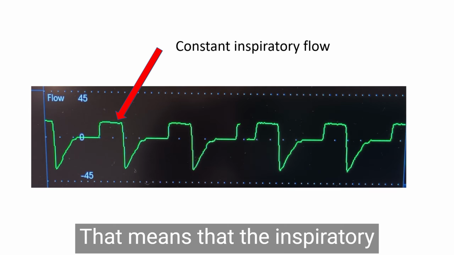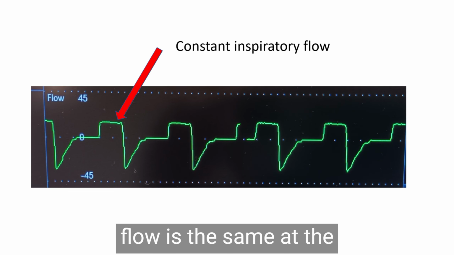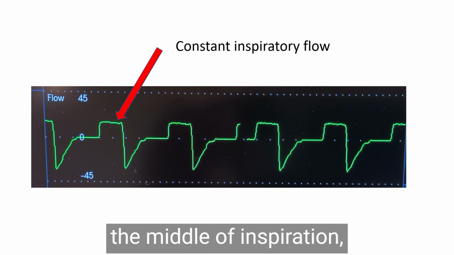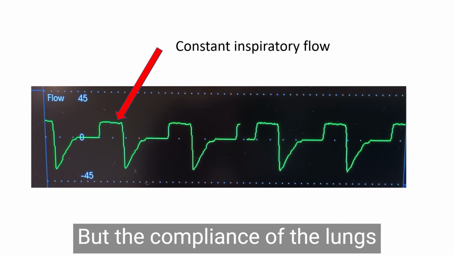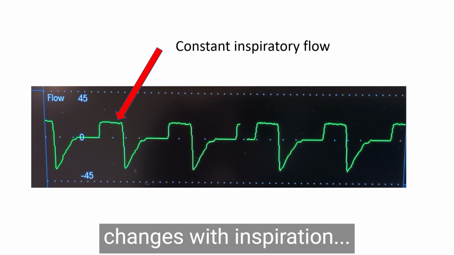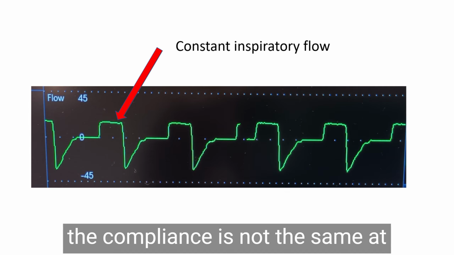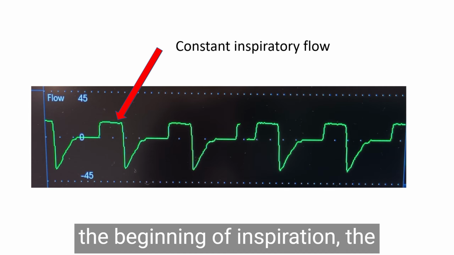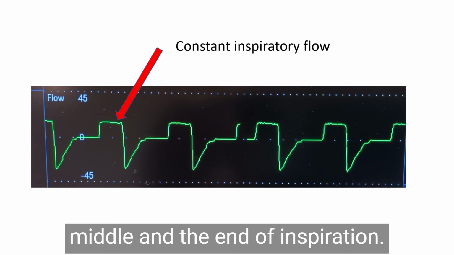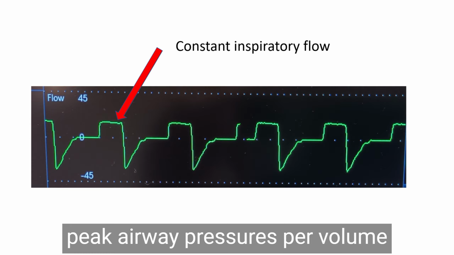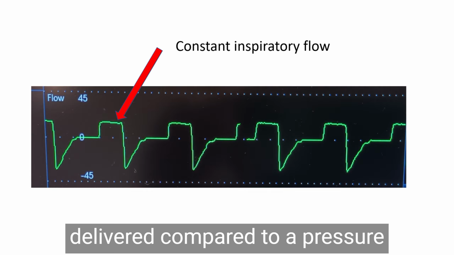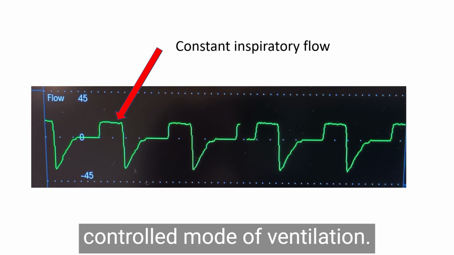That means that the inspiratory flow is the same at the beginning of inspiration, the middle of inspiration, and the end of inspiration. But the compliance of the lungs changes with inspiration. The compliance is not the same at the beginning, the middle, and the end of inspiration. And what this results in is higher peak airway pressures per volume delivered compared to a pressure-controlled mode of ventilation.